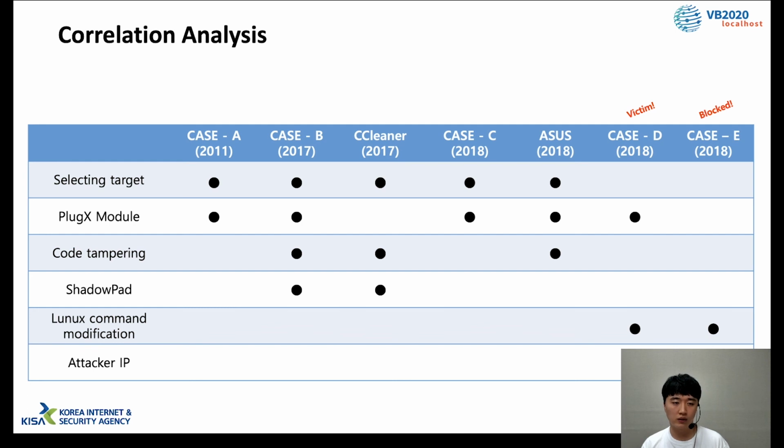Most supply chain attacks distribute malware to infect only the targets they wanted. Moreover, PlugX and code tampering techniques were often used. In conclusion, we presume that the attack group that performed supply chain attacks against Korean companies and the group that performed supply chain attacks against ASUS and CCleaner would be the same.